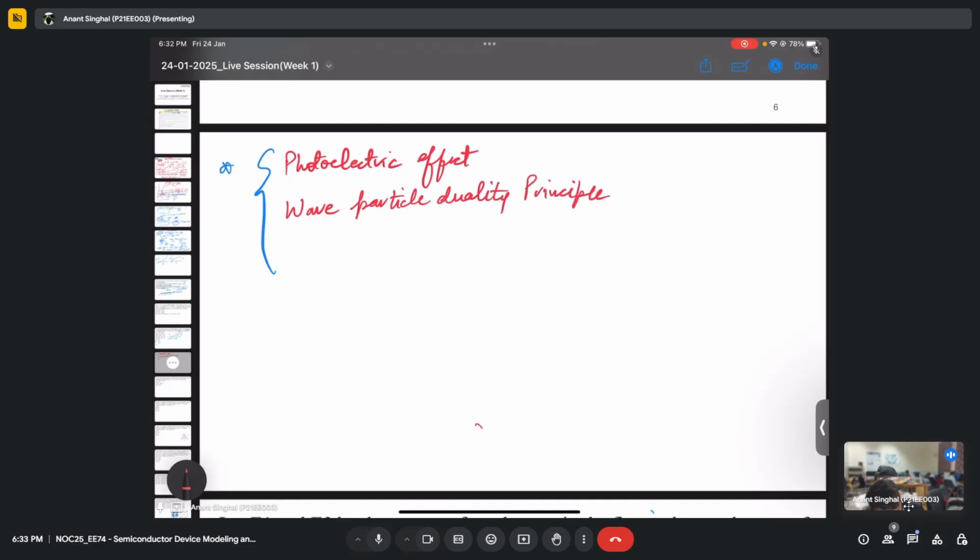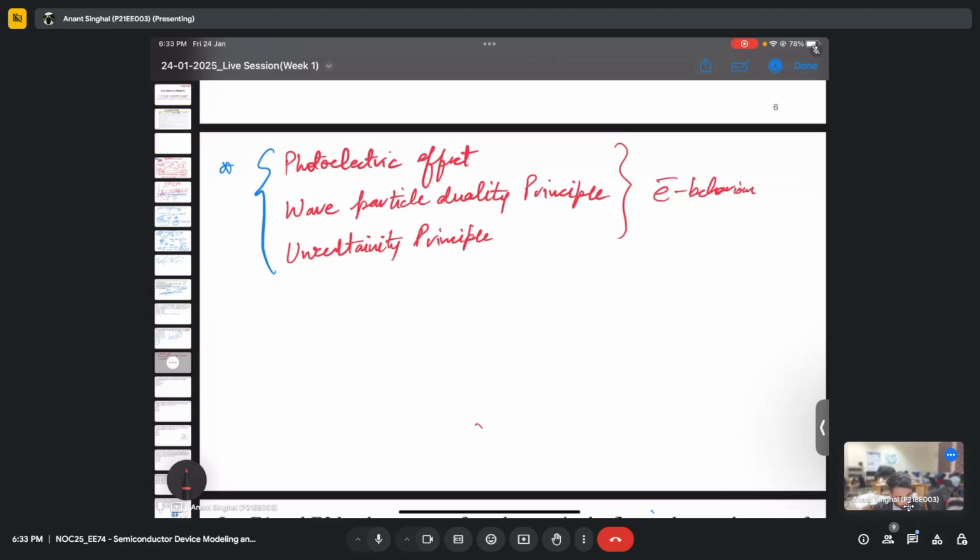And the third thing is the uncertainty principle. You need to have knowledge of these three things. This is very basic physics. In order to understand the current-voltage characteristic, we need to have some knowledge of electron behavior, and these three principles are based upon electron behavior.